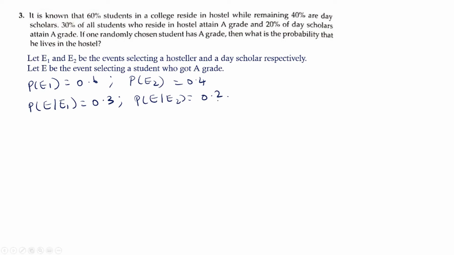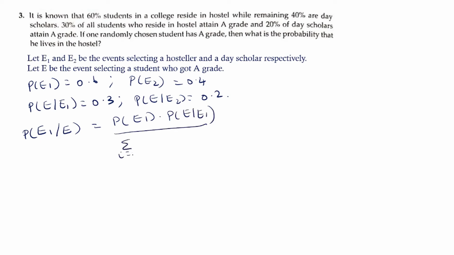Now we need to find probability that he lives in hostel. So we need to find probability of E1 given E. So probability of E1 given E is equal to probability of E1 into probability of E given E1 upon summation i equal to 1 to 2 probability of Ei into probability of E given Ei.